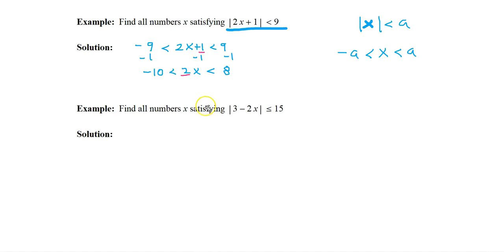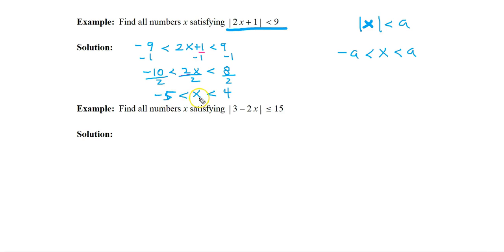As we'll see, if you multiply by a negative number, you do have to flip the inequality. So you have to remember that. So we'll divide everything by 2, and we end up with x being less than 4 and bigger than -5.